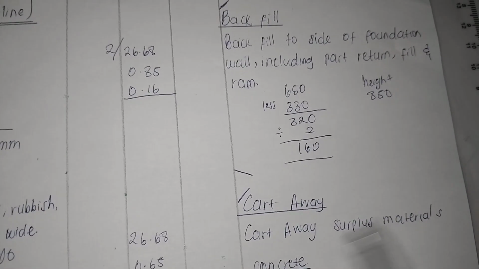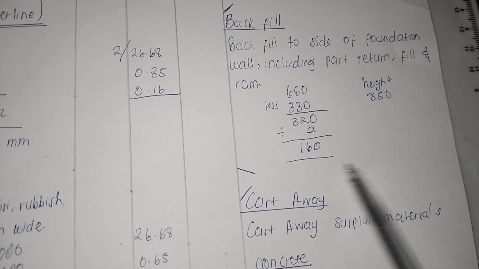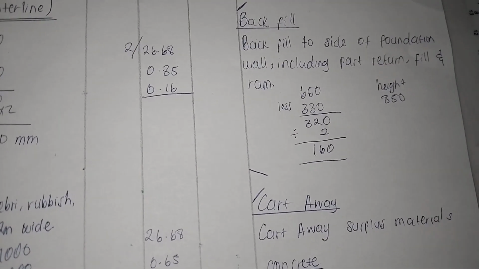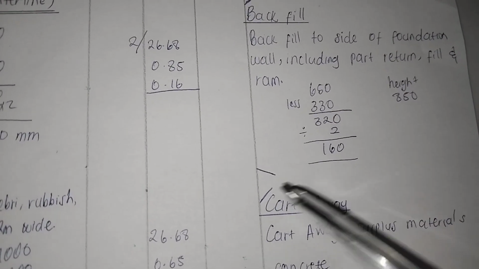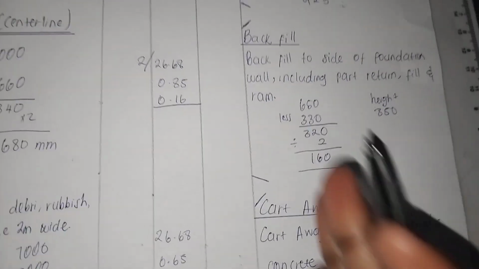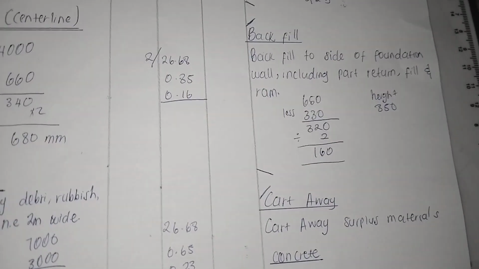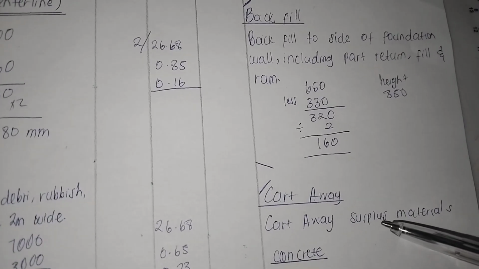Remember, the length of the trench was 650, right? And then you less it by 330, which is the thickness of the wall, and then you're gonna get 320. Remember, we have 2 sides that we had to backfill, right? So you divide it by 2 and you get your 160.